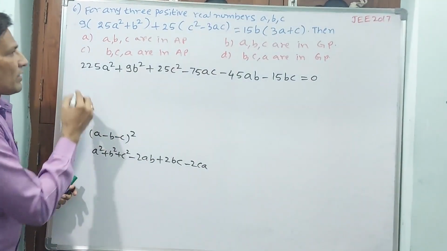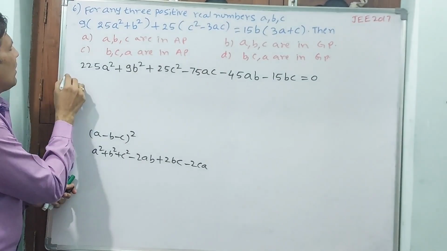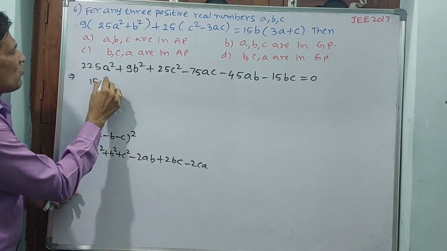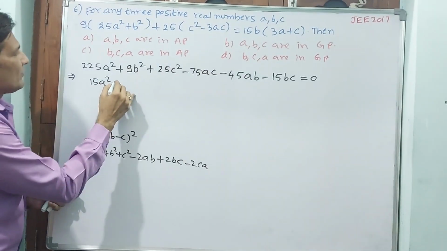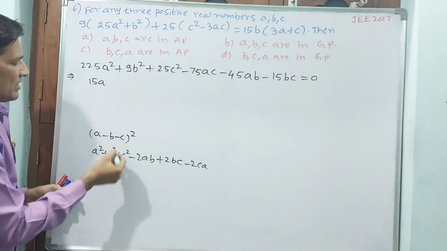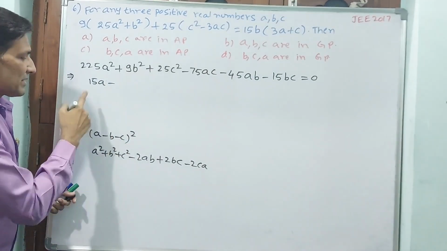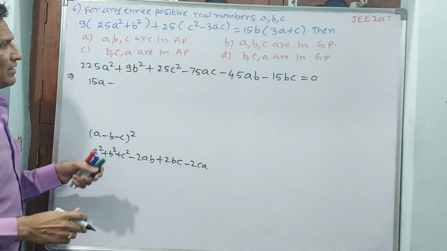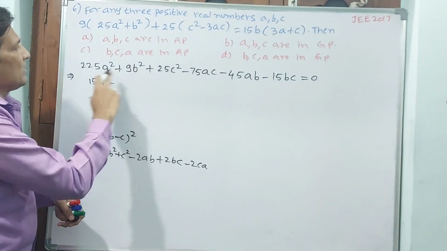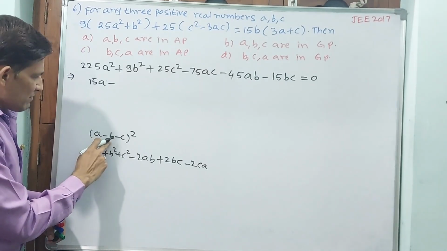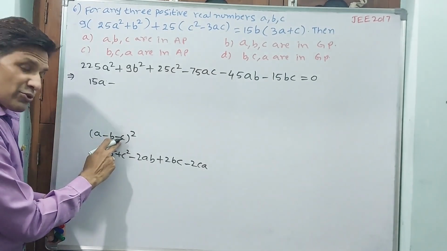See, I am putting implies, not equal to. See 15a square is there. Sorry, 15a. Okay. And minus, why? Because the first term I am taking first positive, remaining are minus. We have to see why, because here, even if you take it, see ab is minus, okay, but bc should come plus.